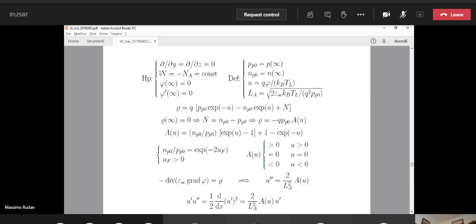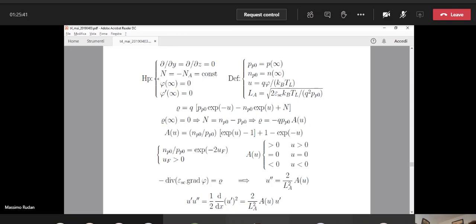The Poisson equation is a second-order differential equation, so we need two boundary conditions. We know them because, going asymptotically to the right, the semiconductor becomes equipotential. So first, the field at infinity is zero because the semiconductor is equipotential. And second, we have placed the zero of the potential at infinity.